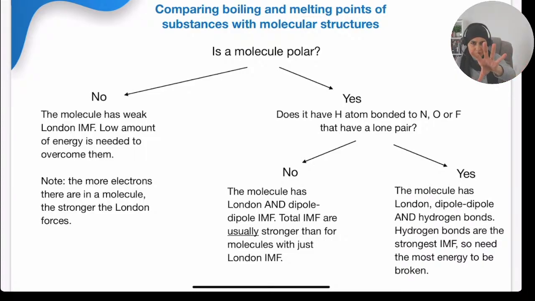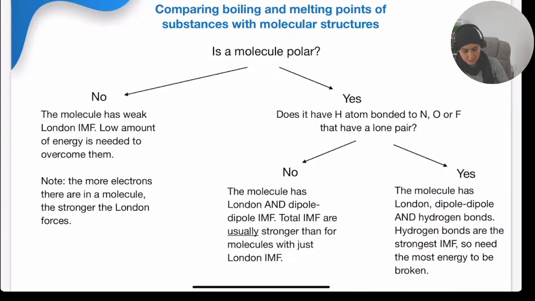The first part of the flow chart is how to compare and explain melting and boiling points for substances with molecular structure. If you have a simple molecular substance and you need to explain, for example, why the melting point is high, why it is low, or compare, how do we do it? First we start off by figuring out, is the molecule polar or non-polar?